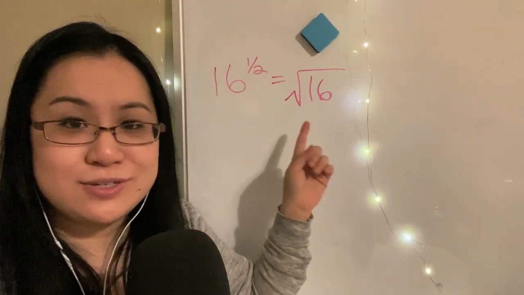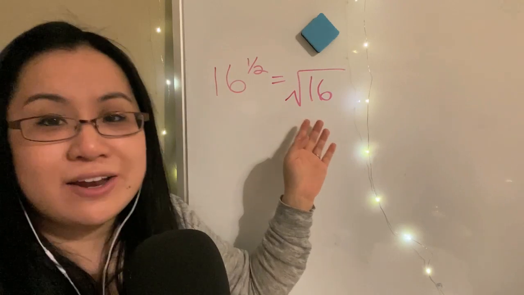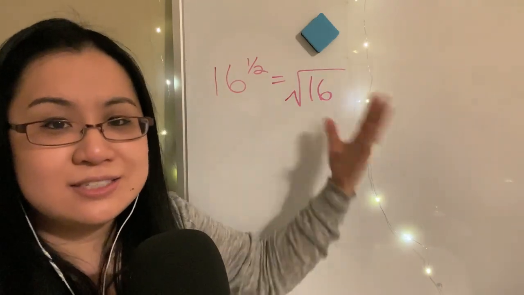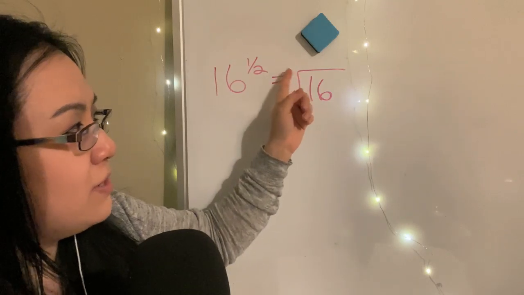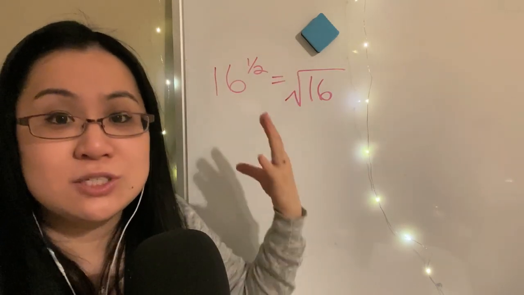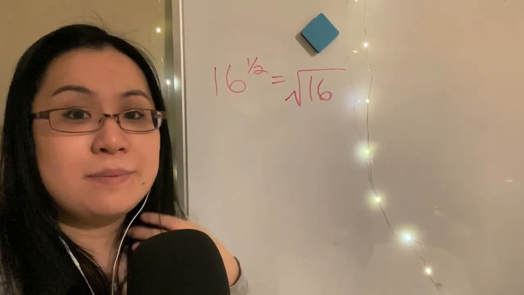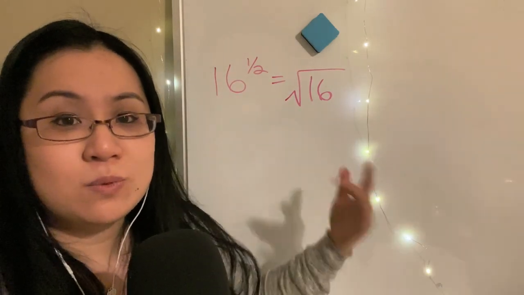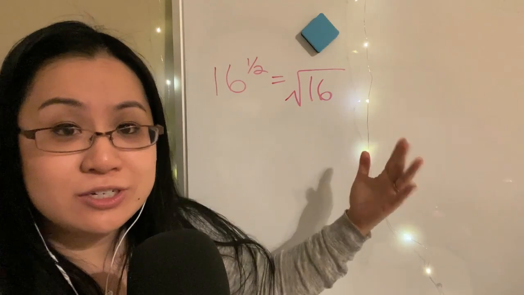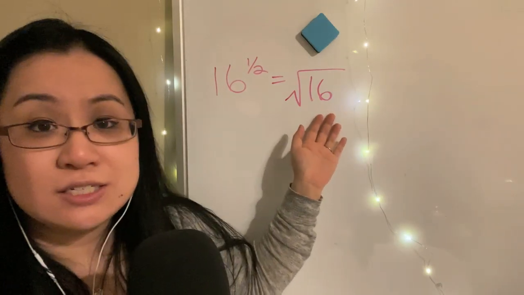Do you remember square roots? It's kind of the thing that undoes our exponent, kind of, right? So if we don't have a number here, we're going to assume it's the square root, meaning what number times itself, or what number squared gives me 16, right?